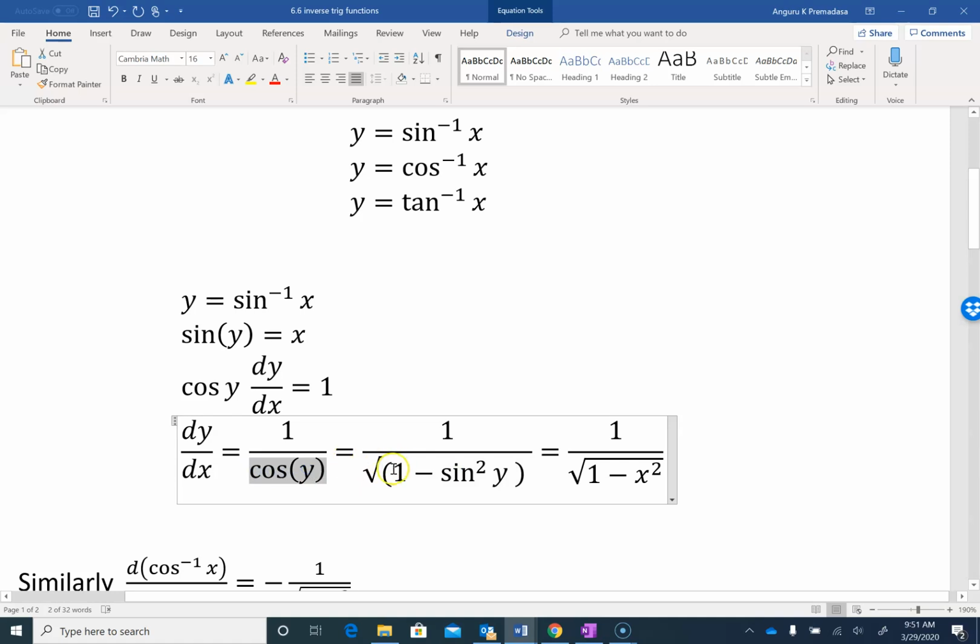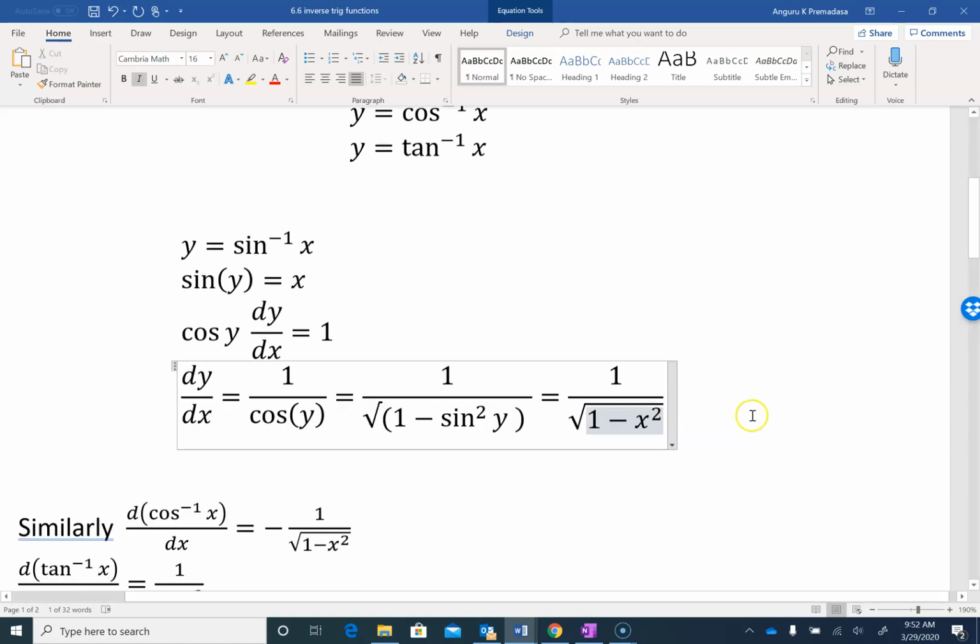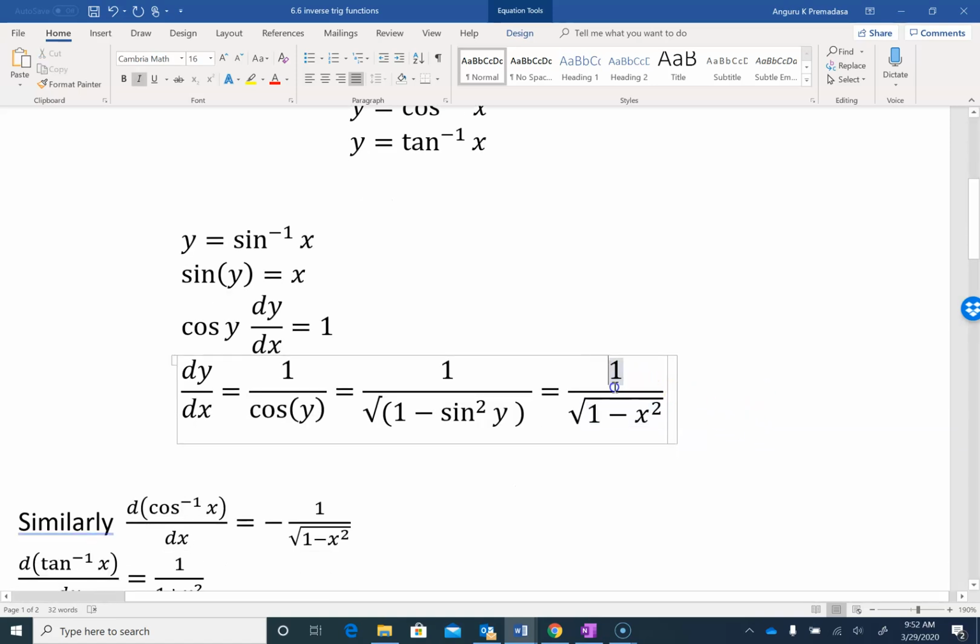So if you take the square root, then you get cosine y is equal to the square root of 1 minus sine squared y. But we know that sine y is equal to x. So this is the same as 1 over the square root of 1 minus x squared. So we now got the derivative using x. So that is our answer.